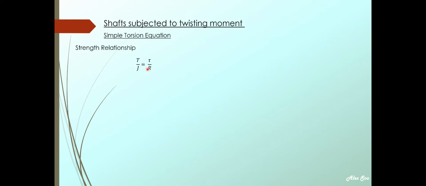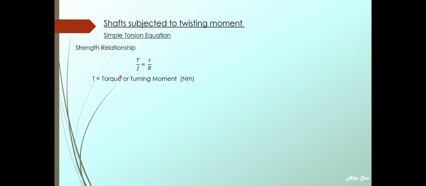So in certain cases we have a hollow shaft, so then we have a maximum radius, that is the outer radius, and the inner radius. So if, let's say, for example, we are looking at maximum shear stress, then the radius that we refer to should be the maximum radius, that means the outer radius, if it is a hollow shaft.